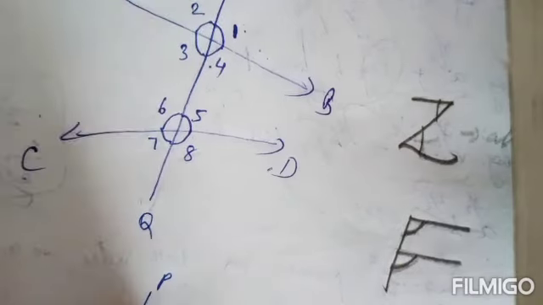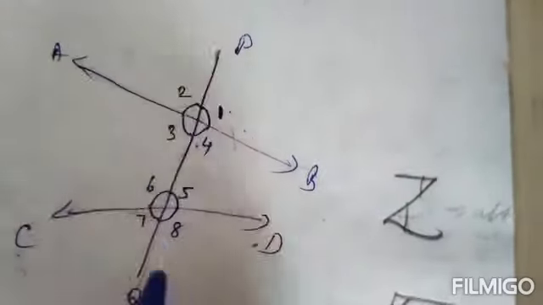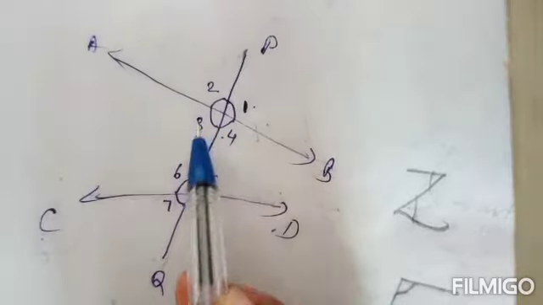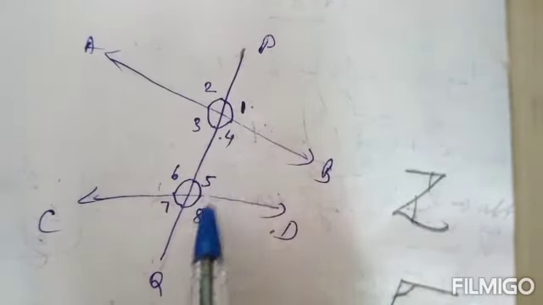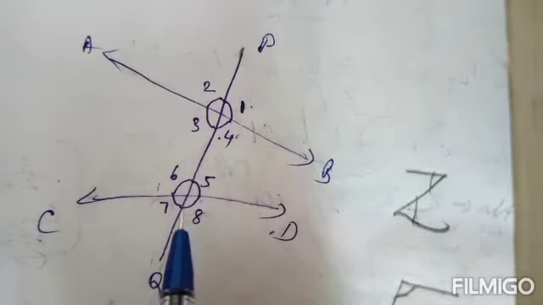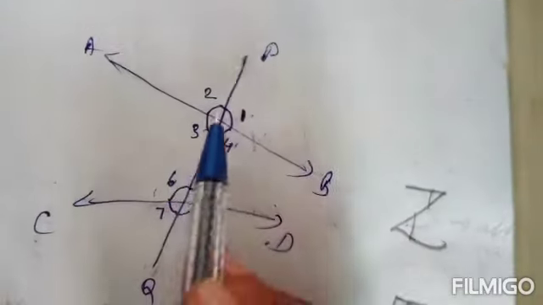Now fourth property, co-interior or co-joint or allied angles are supplementary. You know, angles on the same side of the transversal are co-interior angles. Angle 3 and 6, these are co-interior angles. Angle 4 and 5, these are co-interior angles. Now they are supplementary. That means angle 3 plus angle 6 will be 180 degrees.